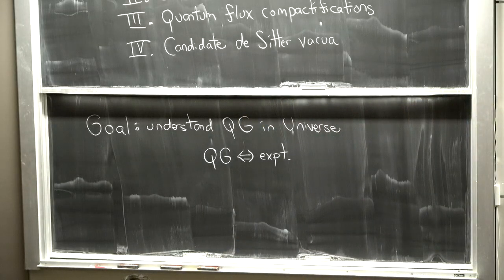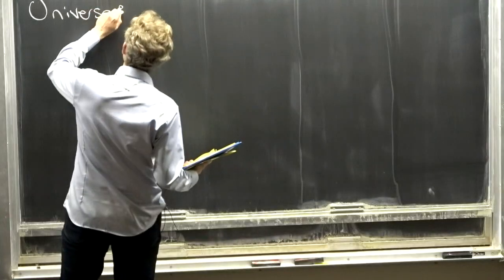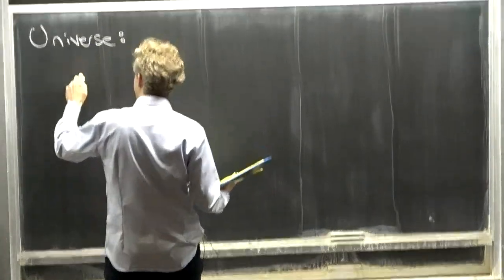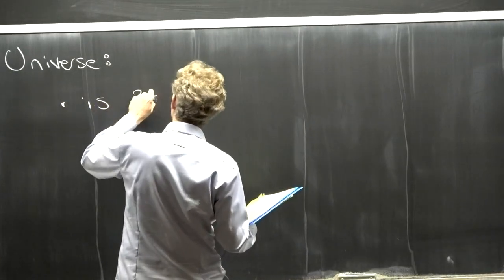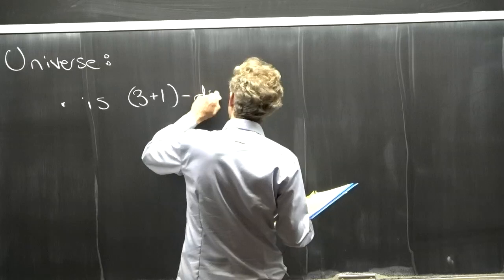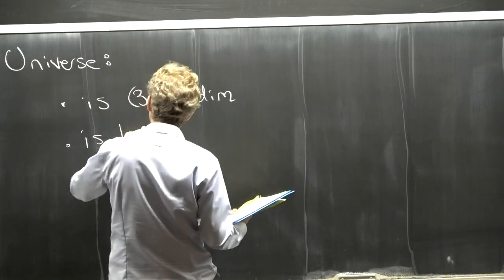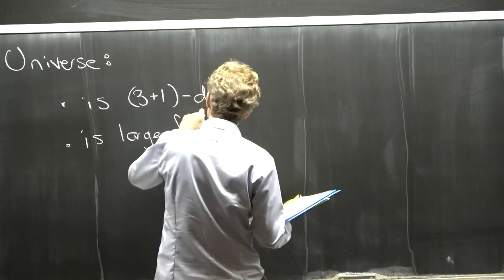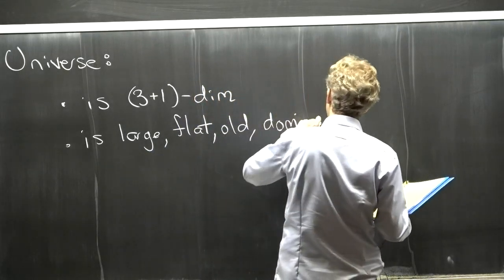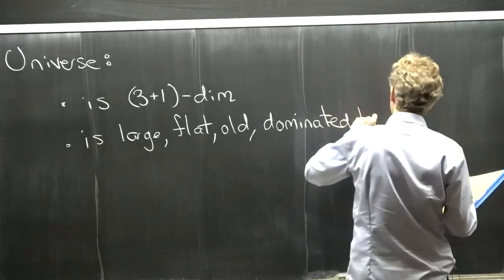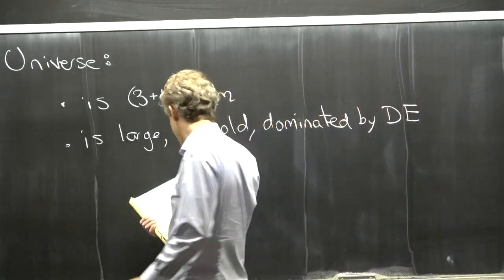And so let's just begin with the most basic facts about the observed universe. These are facts that are well known to you, but we need to repeat them to stress what we're going to try to achieve. So the observed universe is 3+1 dimensional. It's large, it's flat, and it's old, and it's dominated by dark energy, which may be a cosmological constant or may not be.